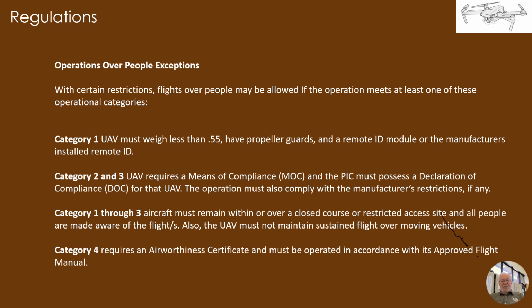Category 2 and 3 aircraft must be labeled as Category 2 or Category 3, so it will say Category 2 drone or Category 3 drone. A Category 4 drone requires an airworthiness certificate, just like all manned aircraft, which provides safety features so there's no restriction to fly over people.